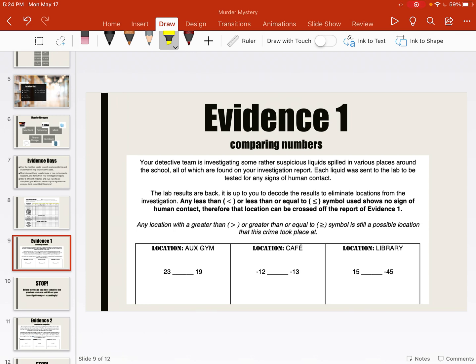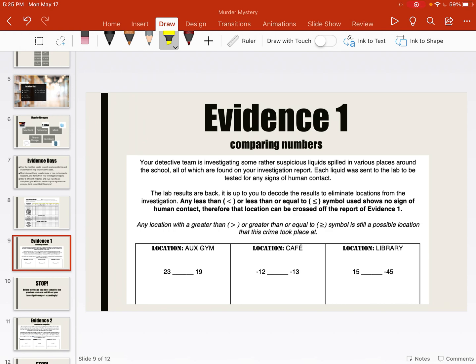It is up to you to decode the results to eliminate locations from the investigation. Any less than or equal to symbols used show no signs of human contact. Therefore, that location can be crossed off the report on evidence 1. Any location with a greater than or equal to symbol is still a possible location that this crime took place.